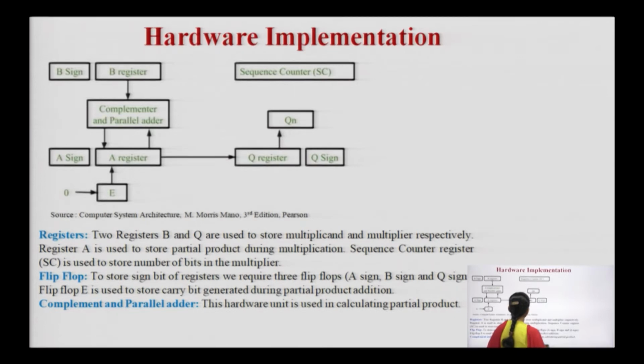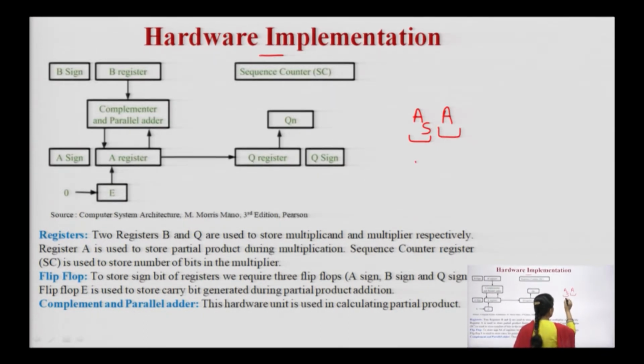Moving on to the hardware implementation for signed magnitude numbers. As the name suggests, the numbers lie in these registers. AS is a 1-bit register, also known as a flip flop. It carries the sign bit, and A carries the magnitude.